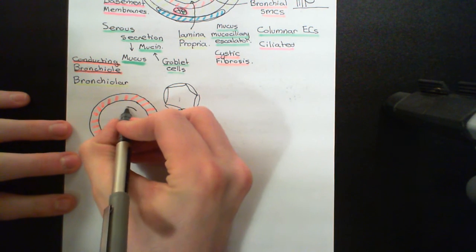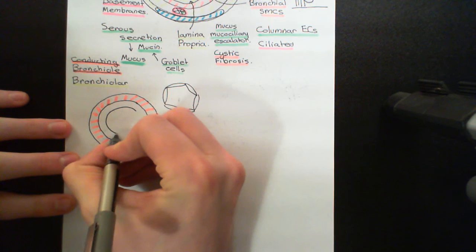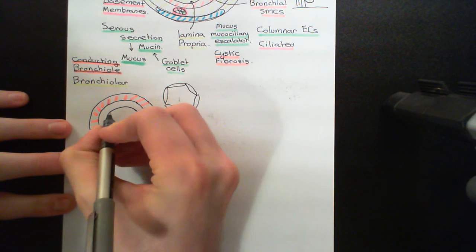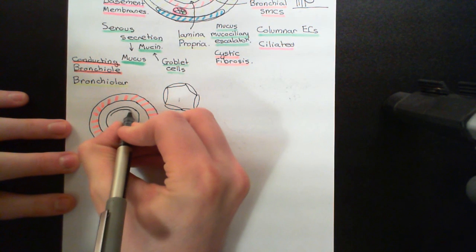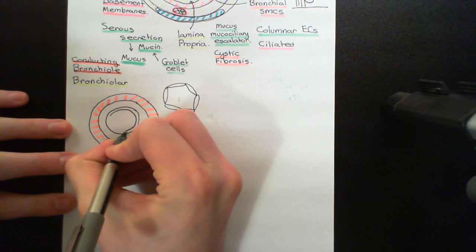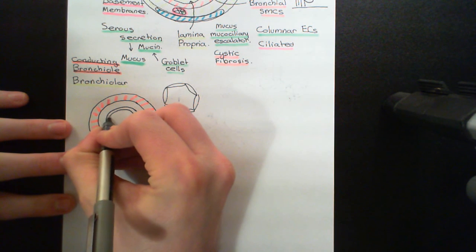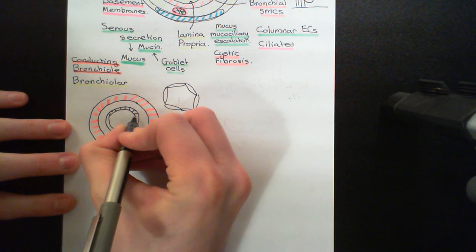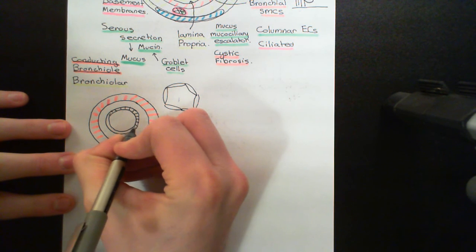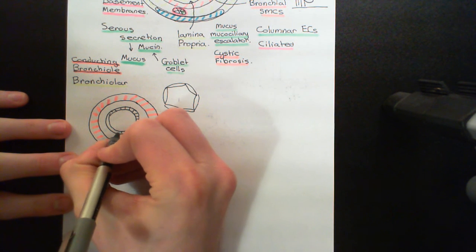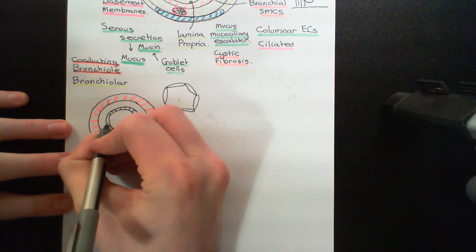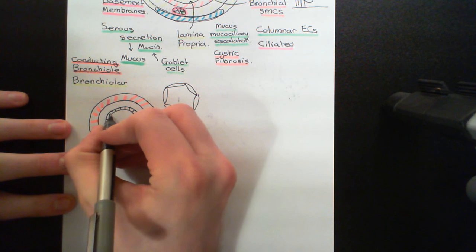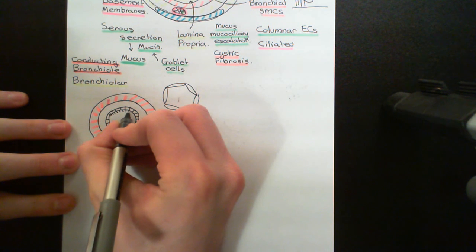Then what we're going to have is the lamina propria layer, and then the surface epithelium on top of that. Now the surface epithelium is still going to have the mucus on its surface, so the cilia are still going to have a layer of mucus over the top of them, and that mucus now is solely going to be produced by the surface epithelial cells. We've lost the submucosal glands, remember, so we don't have these specialized glands for producing mucus anymore.